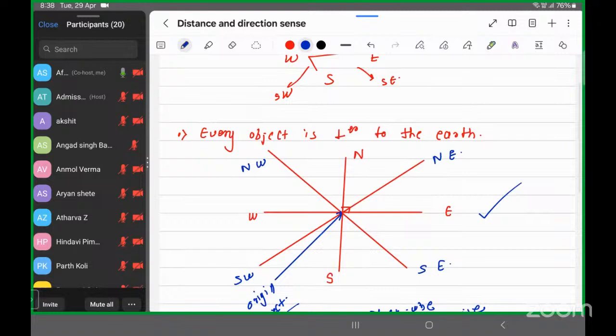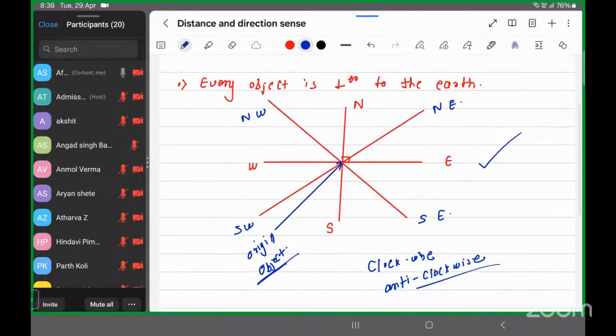Acha, sun rises at where? East, sir. East. So in the morning the shadow is at west, and in the evening the shadow is at the east.